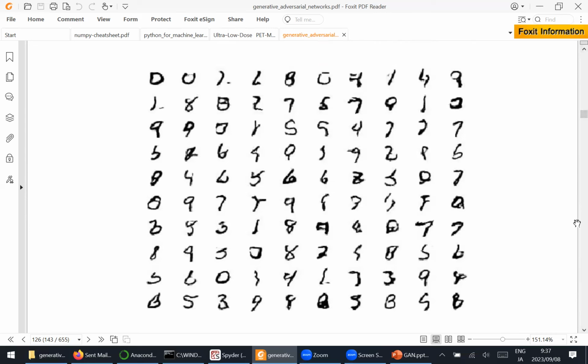So you're wondering, why would anyone want to do this? One application for GANs, as we were talking about before, is data augmentation. Especially with medical images, you never have enough images, especially for a rare disease.